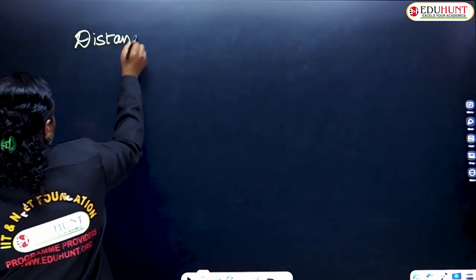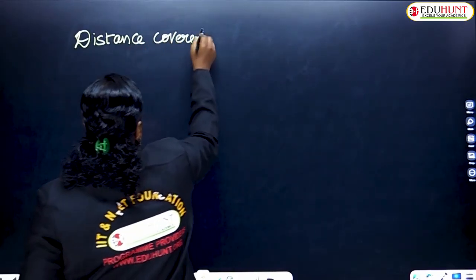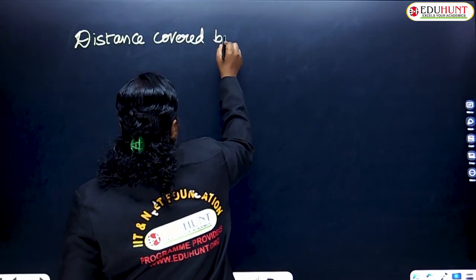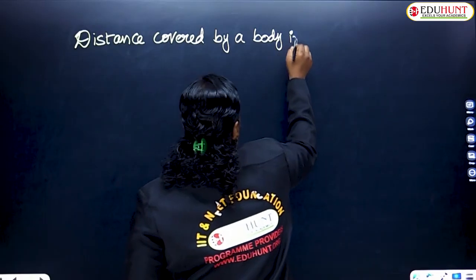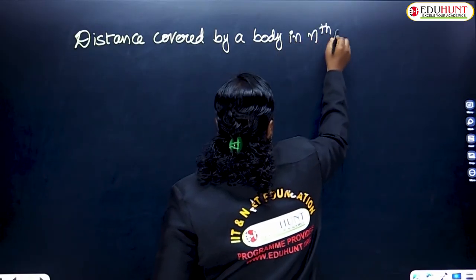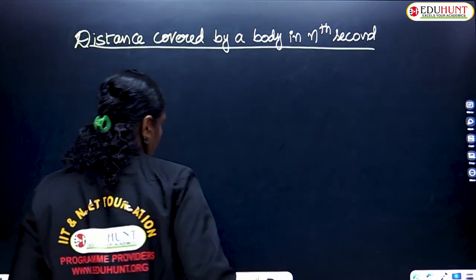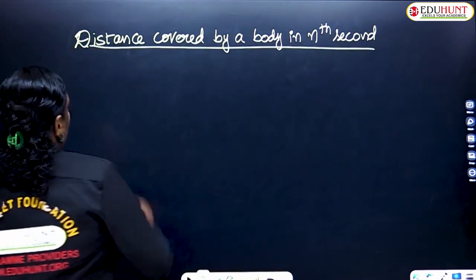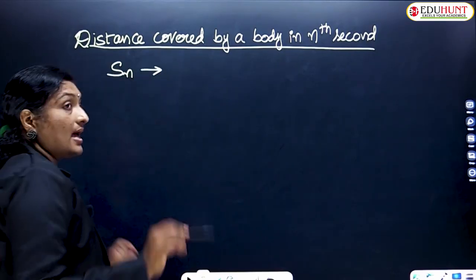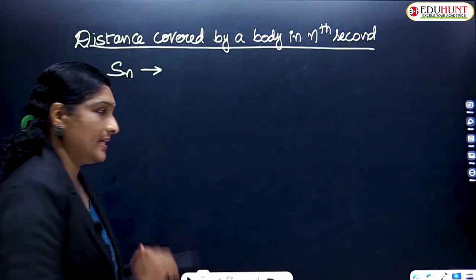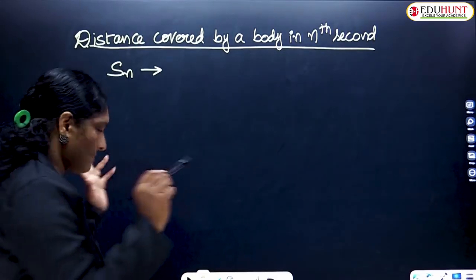Distance travelled by a body in the nth second. Let us suppose Sn is the distance travelled by the body in n seconds; instead of t seconds, I have just replaced it with n seconds, any number of seconds.